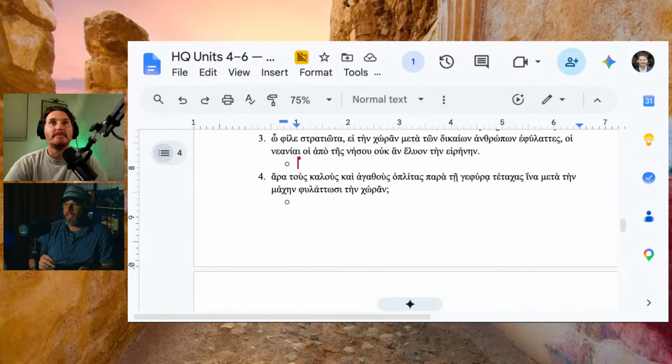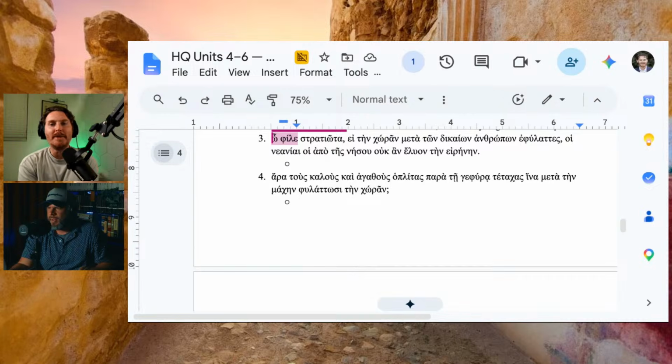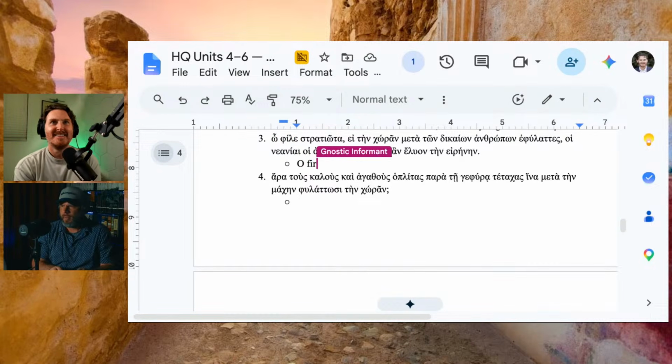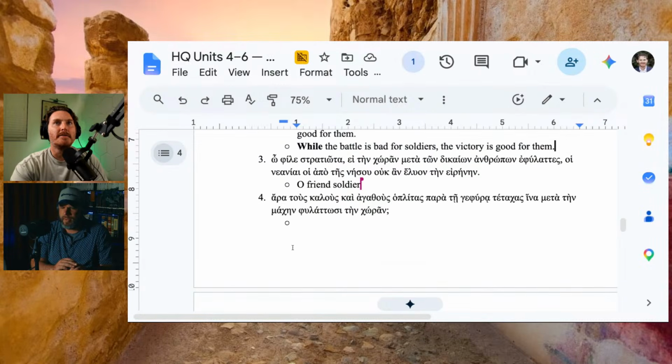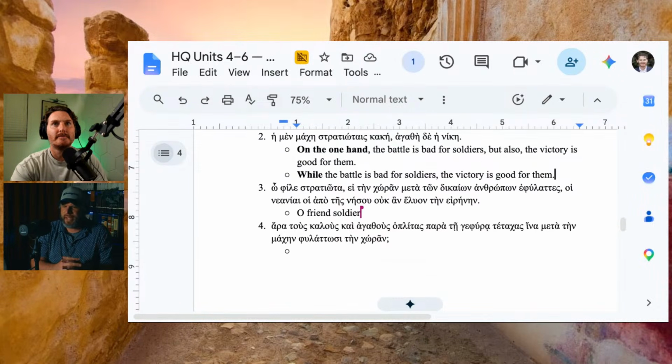All right, so we have a vocative off the bat. So, o friend soldier. Yeah, that's the same word, but what case is that? Is that the nominative? No, we did the nominative a little earlier. I was going to say, is that neuter?